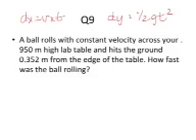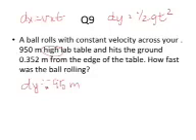A ball rolls with constant velocity across your 0.95 meter high lab table, and that word high needs to stick out. That is your dy. Because it's falling, we're going to make it a negative, which means our other distance, it hits the ground 0.352 meters from the table, is your dx.